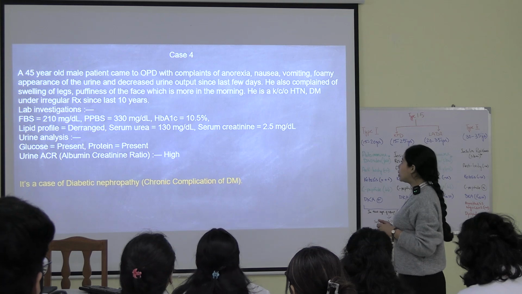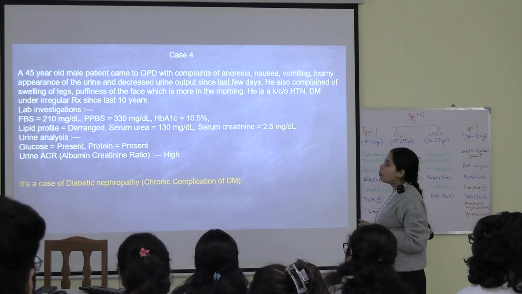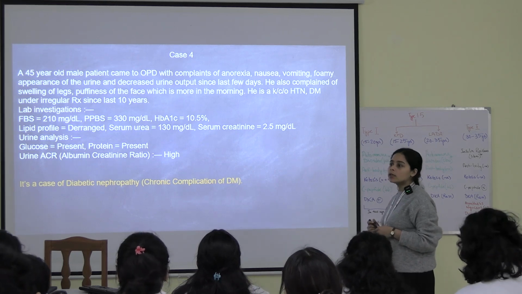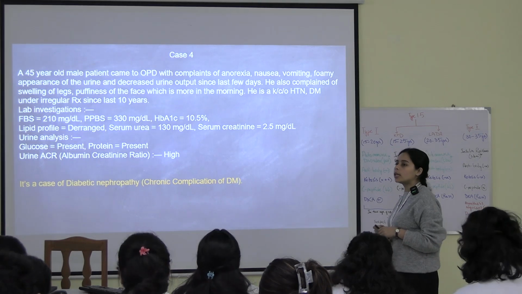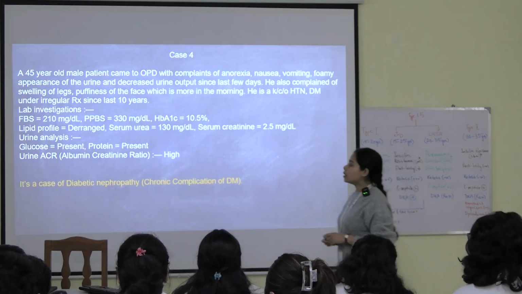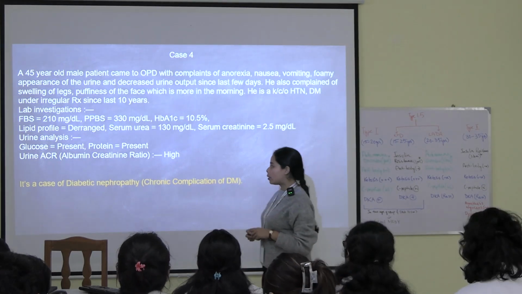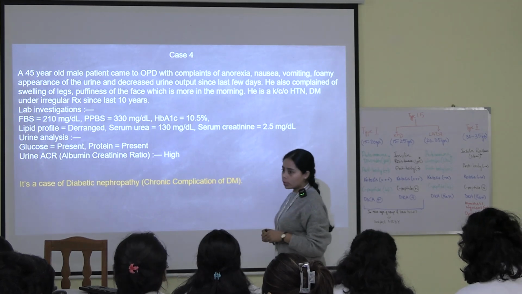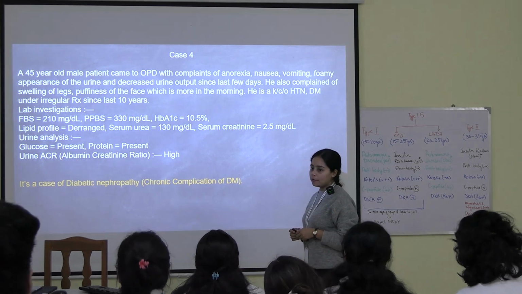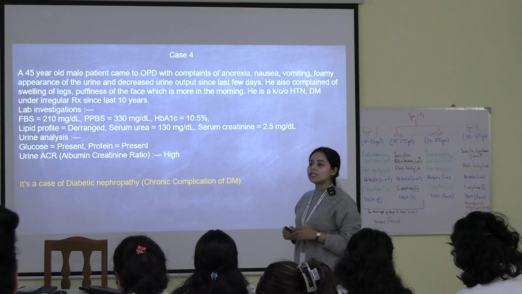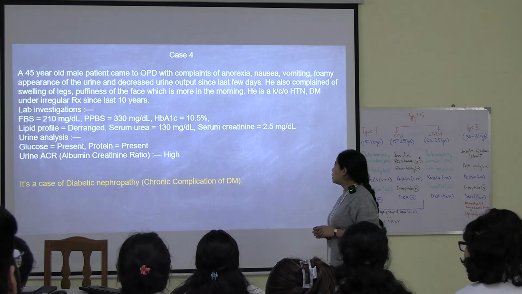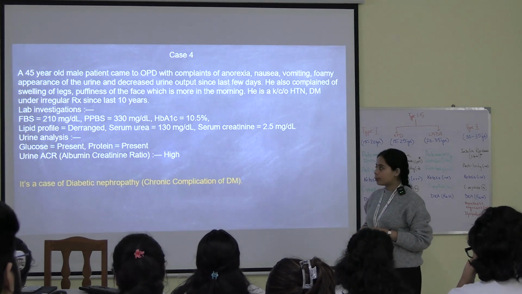He is a known case of hypertension and diabetes, but under irregular medication since the last 10 years. Now the lab investigations: FBS is 210, postprandial blood sugar is 330, HbA1c is 10.5, lipid profile is deranged, serum urea is 130, serum creatinine is 2.5, all elevated.